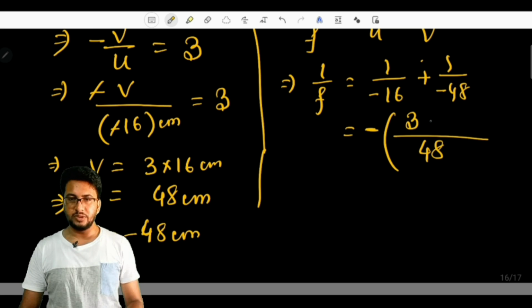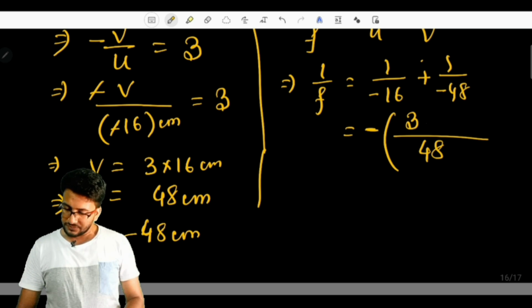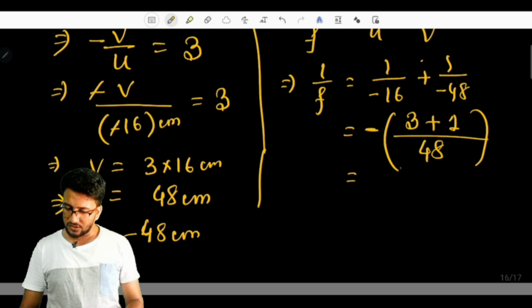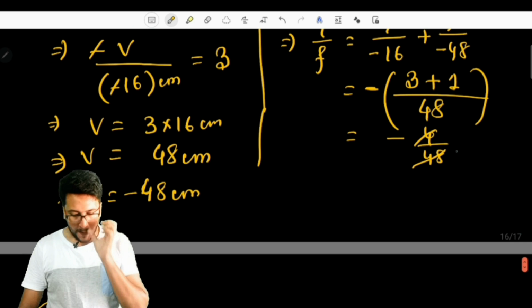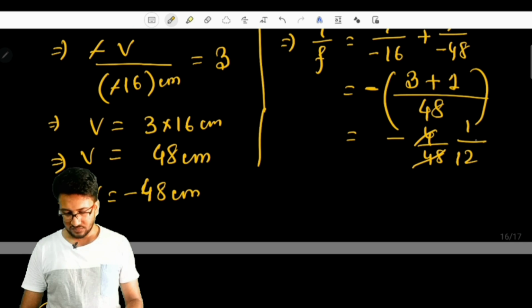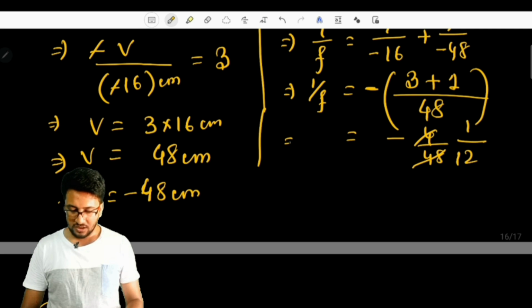Just follow the numerical very smoothly as per your convenience, and then this will be plus 1. As a result we get minus 4 by 48, or if we cut 4, 1 by 12, in the right hand side, and 1 by f in the left hand side.